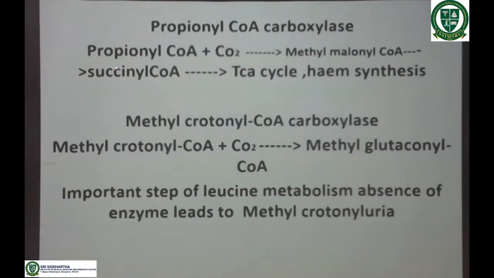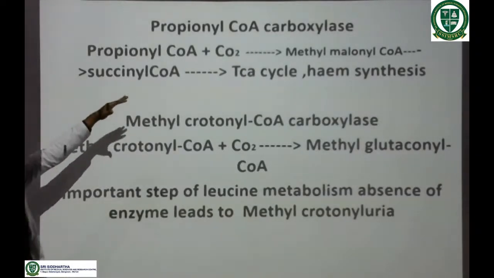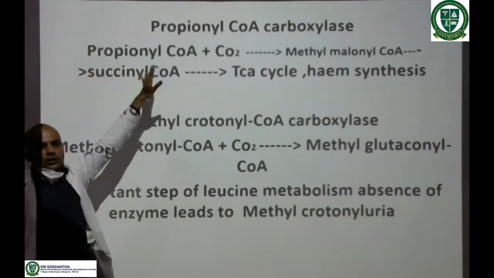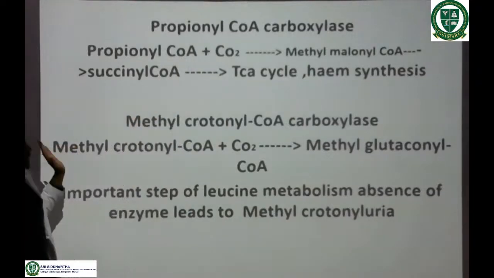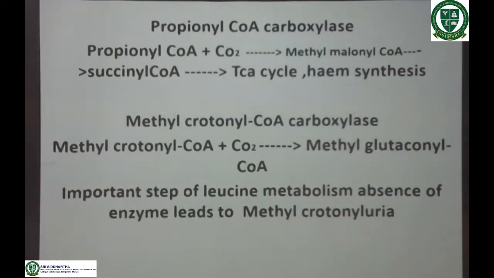The fate of methylmalonyl-CoA is that it will get converted to succinyl-CoA. This succinyl-CoA will enter the TCA cycle, or else it will be utilized for heme synthesis. Suppose if there is any biotin deficiency, propionyl-CoA will not get converted to methylmalonyl-CoA.